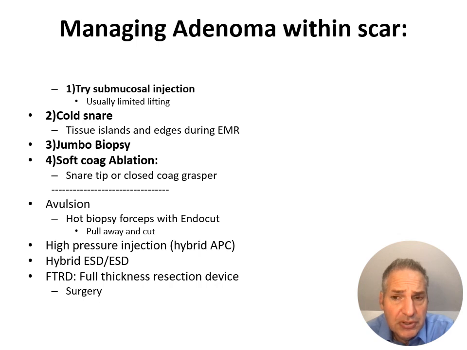There's usually some additional scarred areas that are non-amenable to cold snaring, and I would clear those out with a jumbo biopsy. Often at this point, there's just a little bit left that can be ablated with a snare tip soft coagulation. If there's larger areas that require ablation, you can use a soft coag ablation with a closed coag grasper. Some more complicated techniques are also listed here.